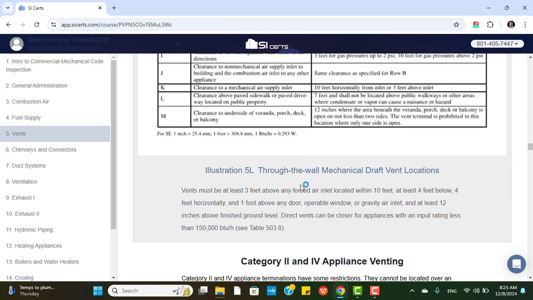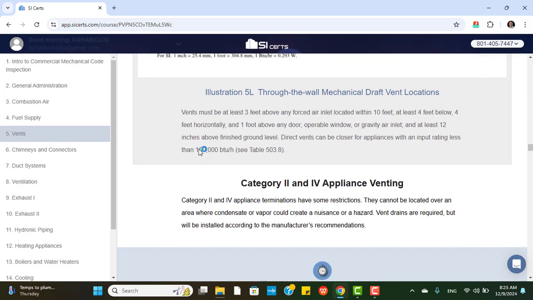Illustration 5L, through-the-wall mechanical draft vent location. The vent must be at least 3 feet above any forced air inlet located within 10 feet, at least 4 feet below, 4 feet horizontally, and 1 foot above any door, openable window, or gravity air inlet, and at least 12 inches above finished ground level.